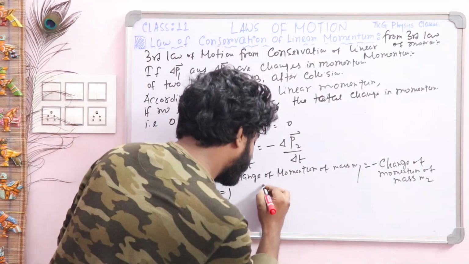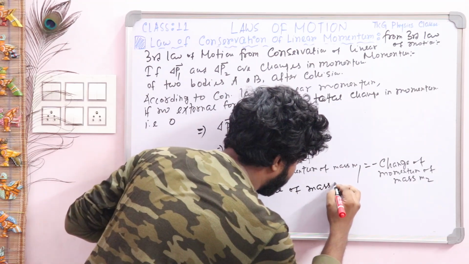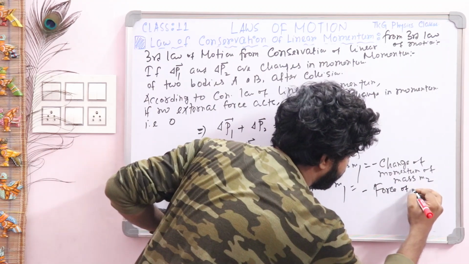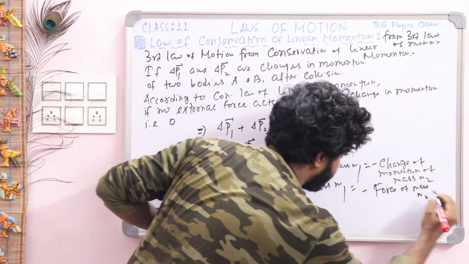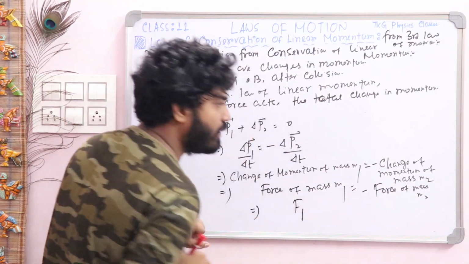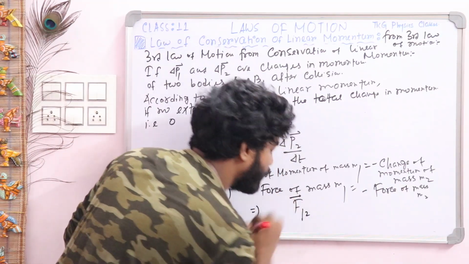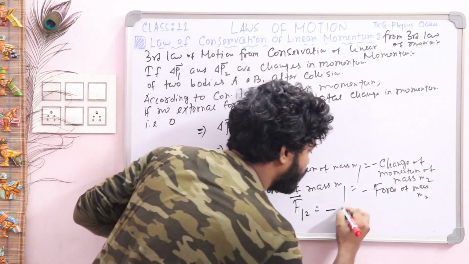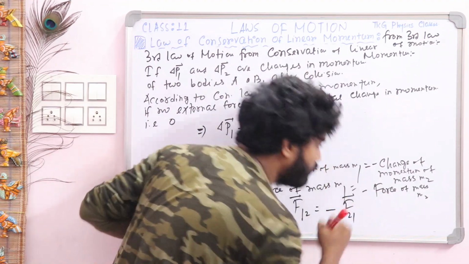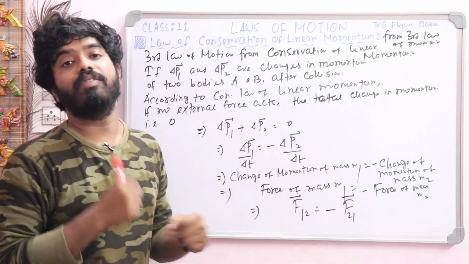So this one is the force of mass m1, and this one is minus the force of mass m2. The force on mass m1, represented as F1, is due to mass 2, that is F12, equal to minus of the force on mass m2 due to mass 1, that is F21.